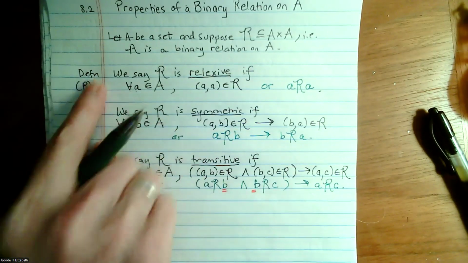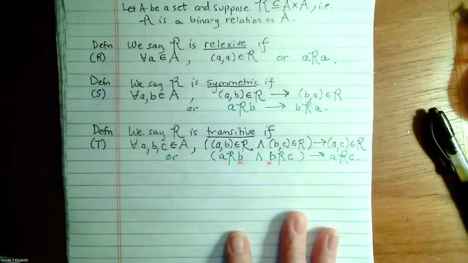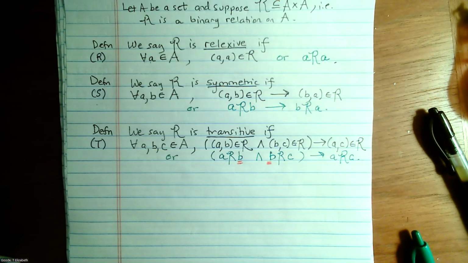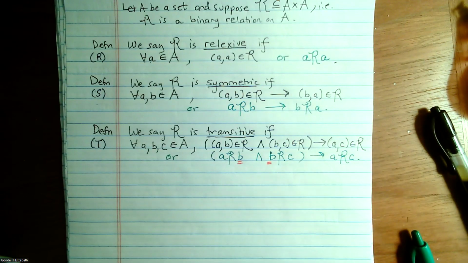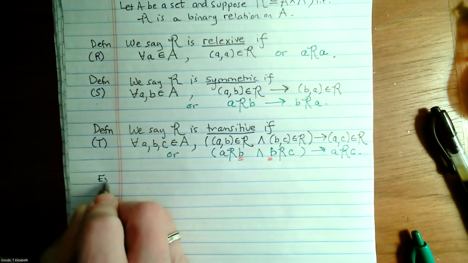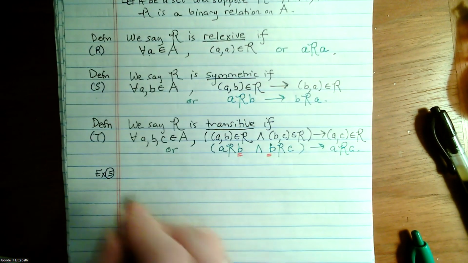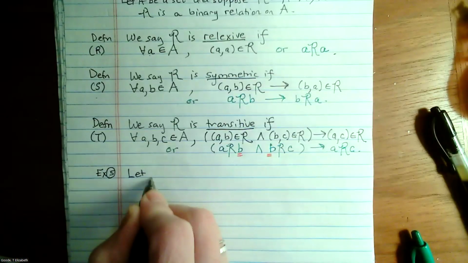All right, so RST 1, 2, 3, here are our definitions of reflexivity, symmetry, and transitivity. Let's look at an example. Example 5. We're going to let A be the reals.